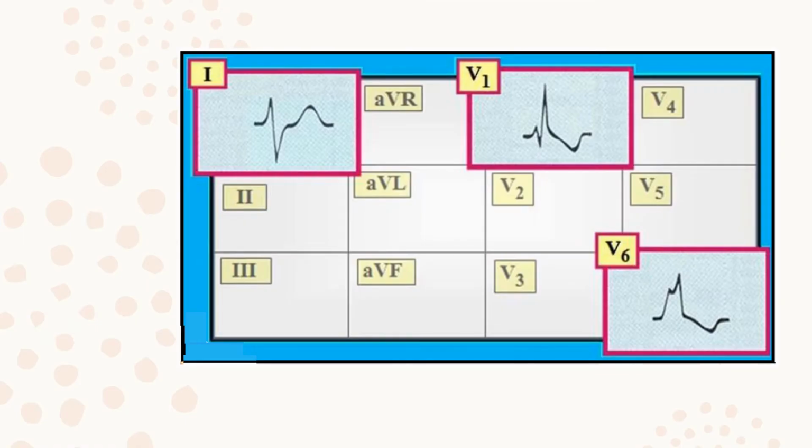And so what we look at is, remember that we typically start with looking at lead V1, and V1 has that upright look to it, so it's making me think of a right.